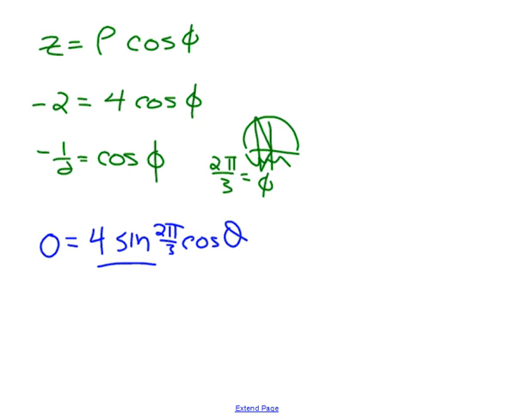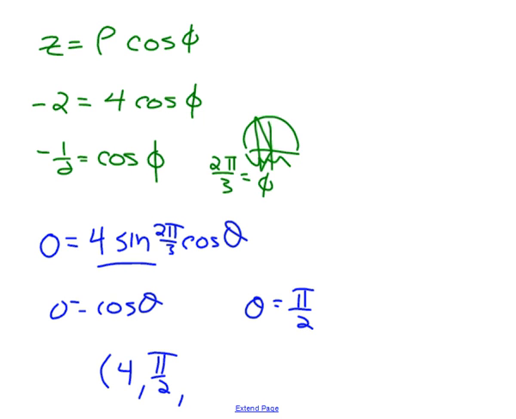I can divide this, and I get 0 is cosine of theta, and cosine is 0 at pi over 2. And there I have all my things. So I know my rho is 4, my theta is pi over 2, and my phi is 2 pi over 3. There you have it. You should be able to tackle that assignment.